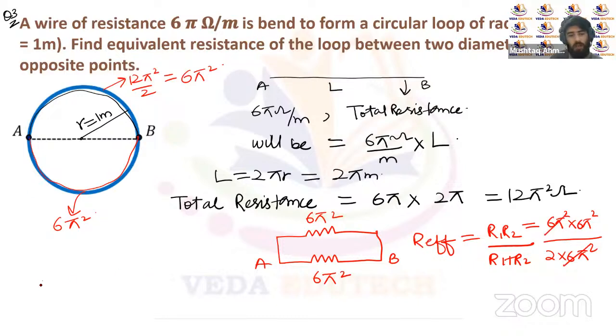We'll be left with R effective equal to 3 pi square. Pi square has the value approximately equal to 10, so the effective resistance will be almost equal to 30 ohms. So 30 ohms will be the approximate resistance for this combination of resistors.